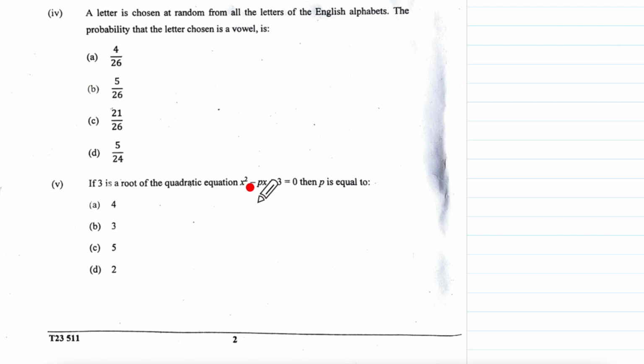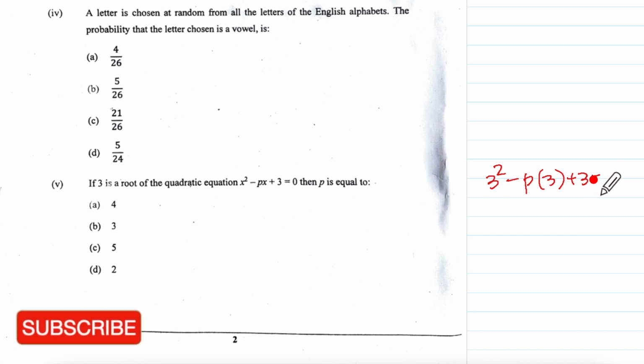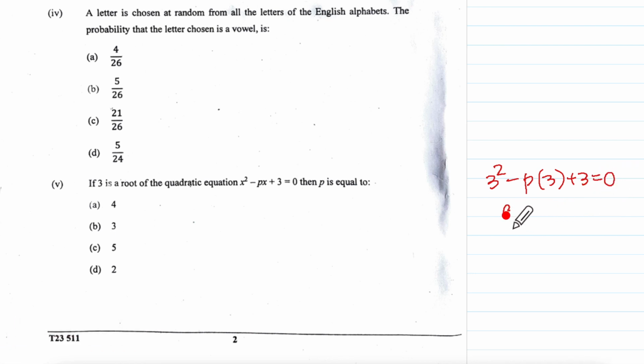So we substitute for x here. So it will be 3 square minus p into 3 plus 3 equal to 0. And that will give us 9 plus 3 minus 3p equal to 0. So we'll have 12 equal to 3p and p will be equal to 4, and that is our option A.